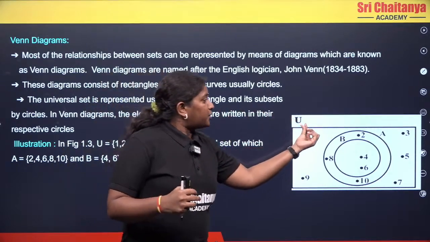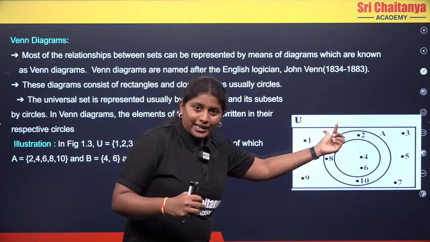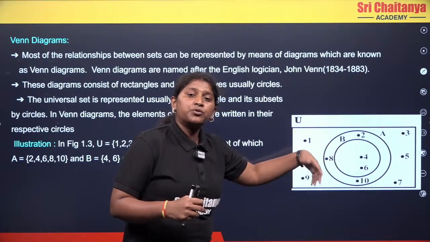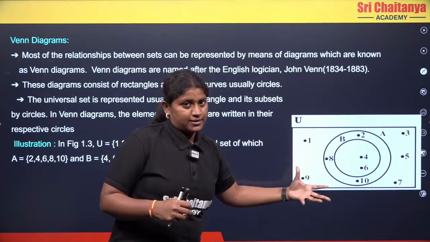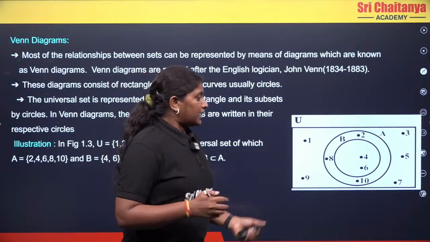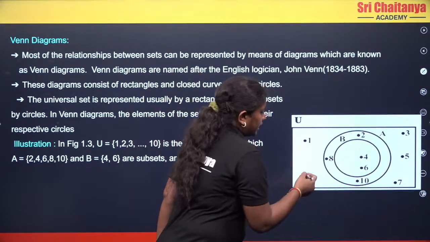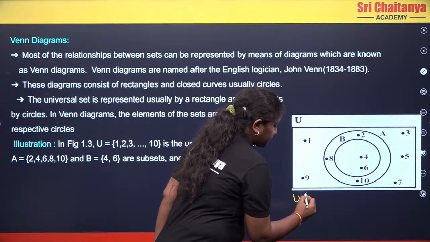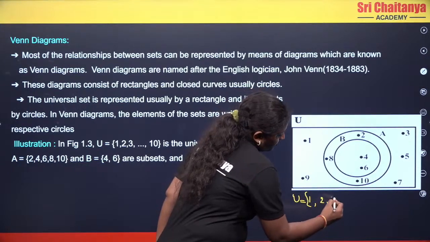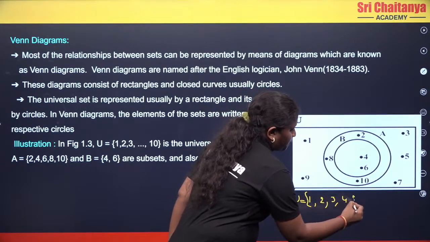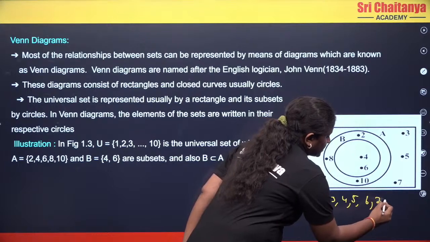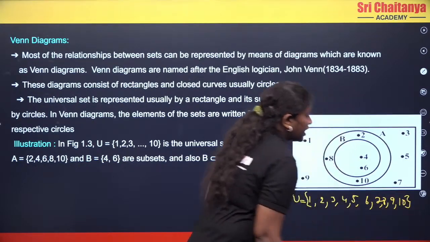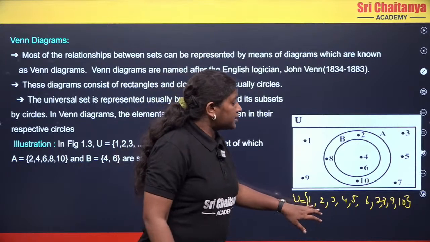It means for the universal set, we will use the rectangle, and different letters and different shapes will be used for other types of sets. So clearly we know that this is the universal set. It means the elements in the universal set are 1, 2, 3, 4, 5, 6, 7, 8, 9 and 10. Okay. These are the elements of the universal set.